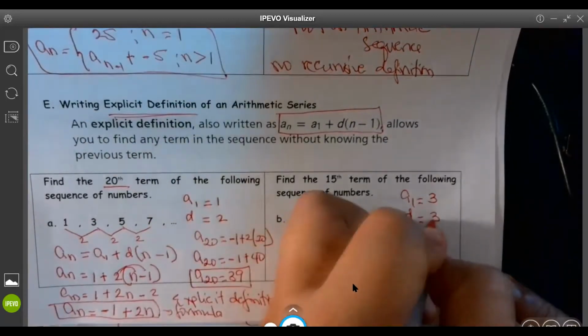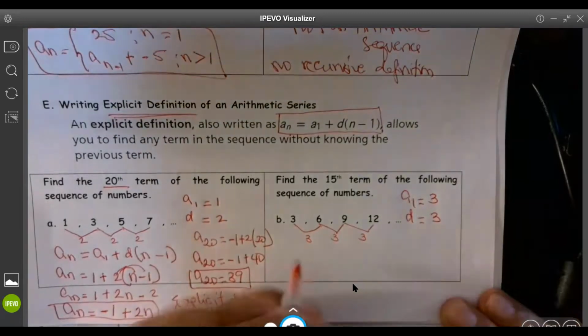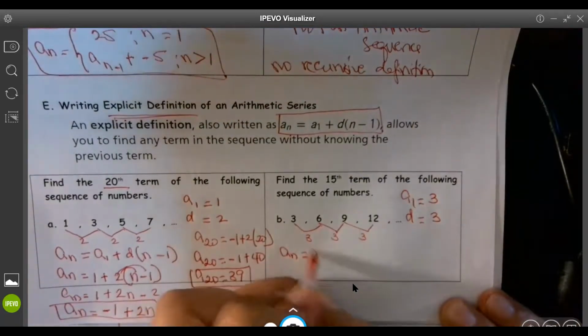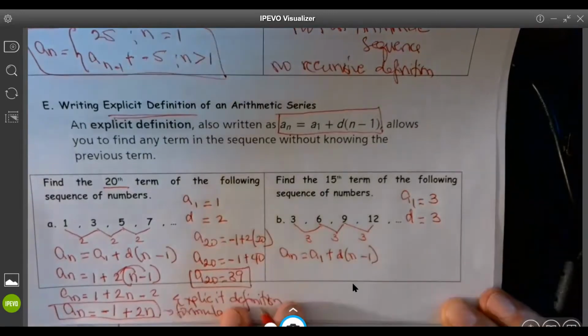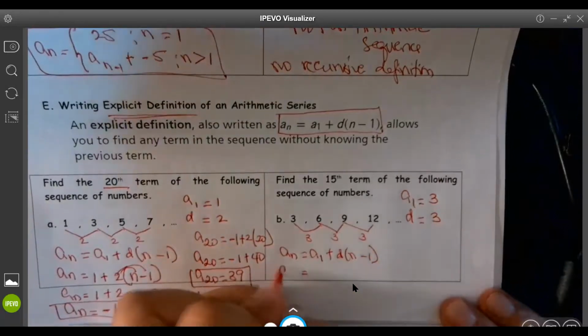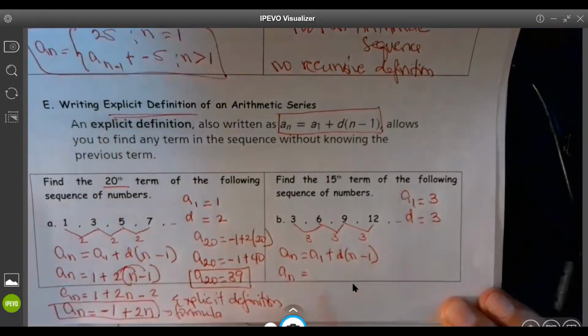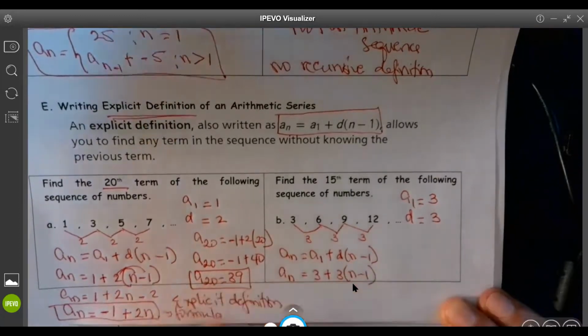So the common difference is also 3. Okay. So you can now write the formula an is equal to a1 plus d times n minus 1. And so you're going to plug in these values. a1 is 3, d is 3, n minus 1.